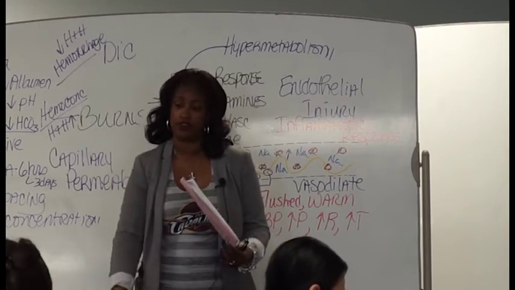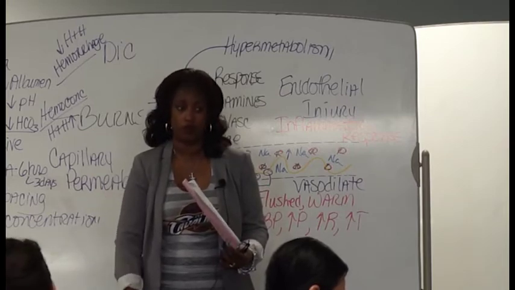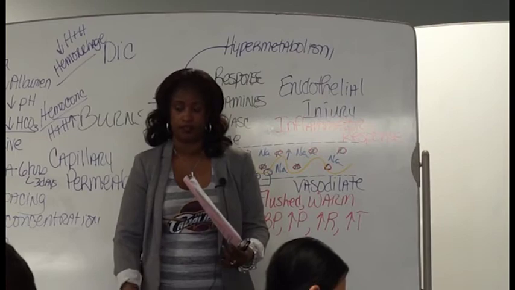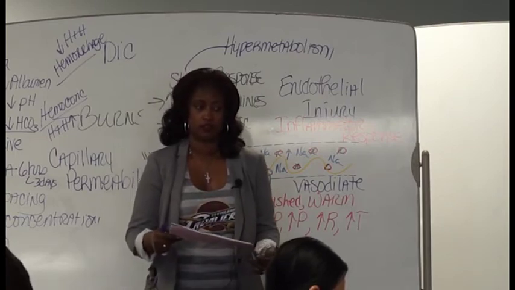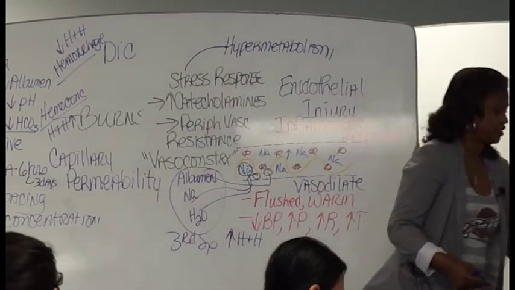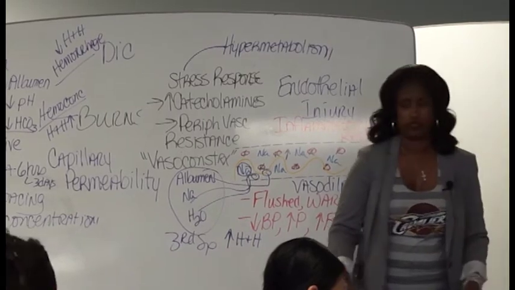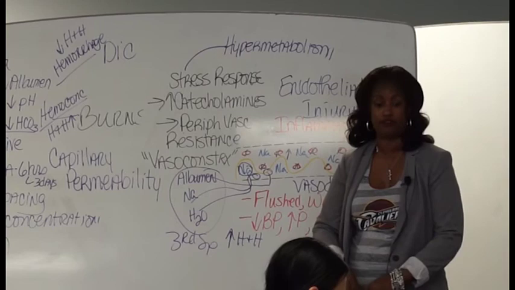Sodium and water go together, so that's low too. Both of these are low now. You are monitoring for pulmonary edema and CHF. Those are the 2 big complications if all that water you gave them doesn't come off.